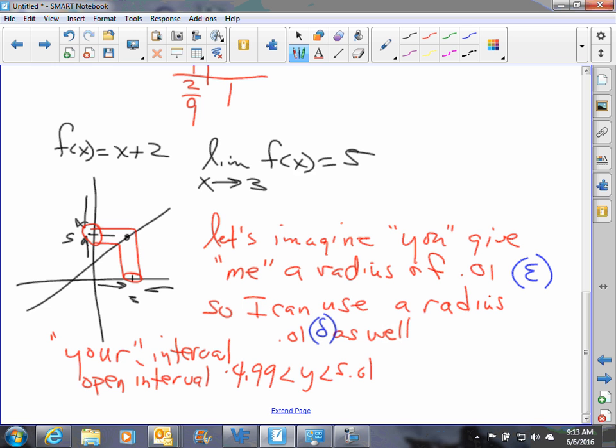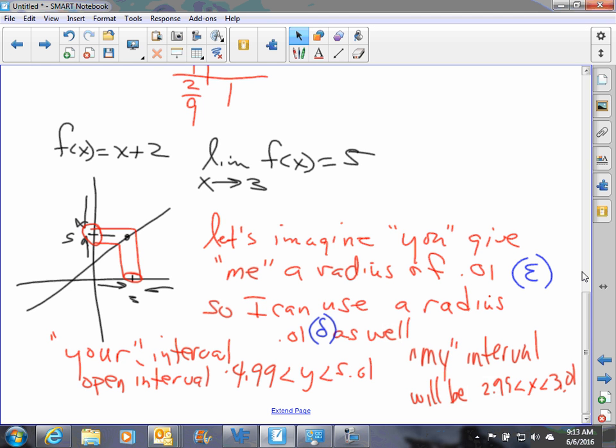And so what I'm saying is my interval will be, what will it be? 2.99 is less than x is less than 3.01. And if you'll notice that when we apply x plus 2 to every number in the 2.99 to 3.01 interval, we get the numbers in the 4.99 to 5.01 interval.